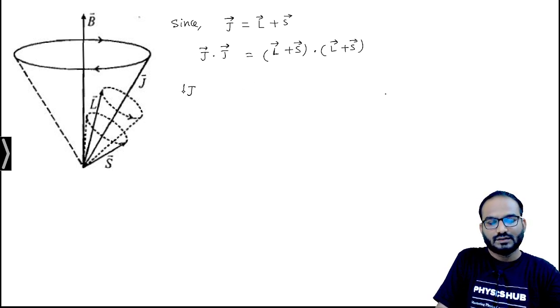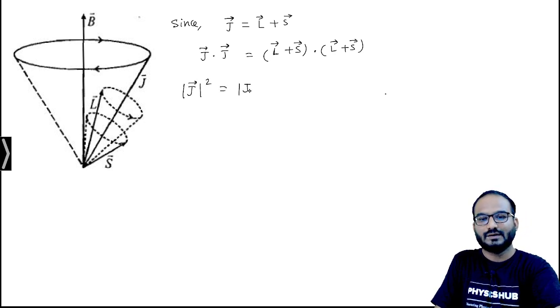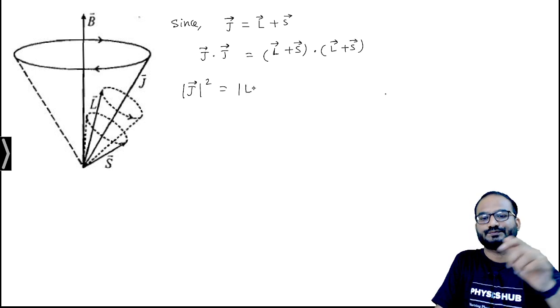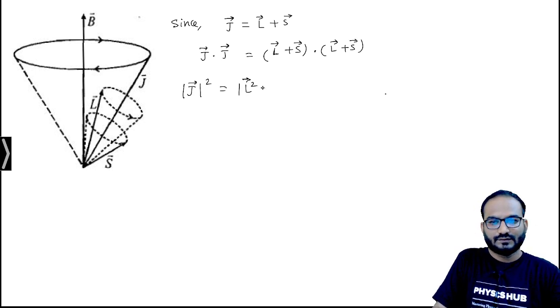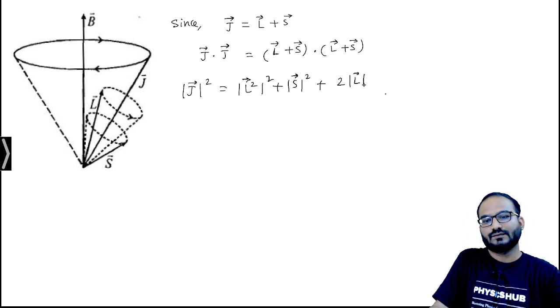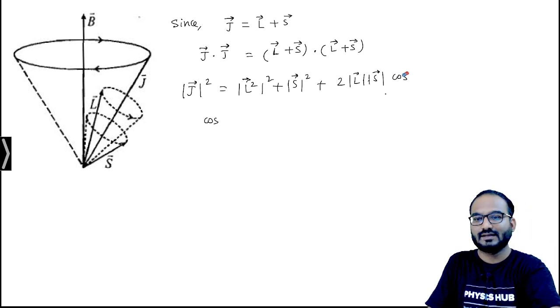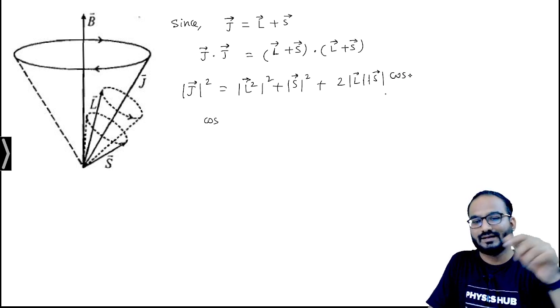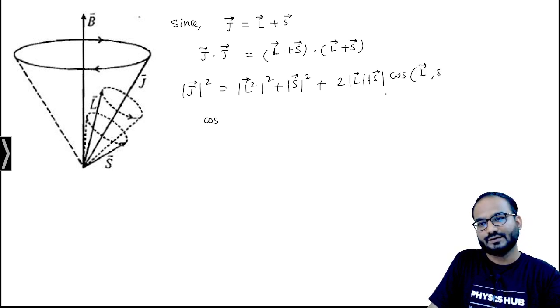So modulus of J square is equal to modulus of L square plus modulus of S square plus 2 times modulus of L into modulus of S into cos of the angle between L and S, cos theta. So let's write cos of the angle between L and S in this way.